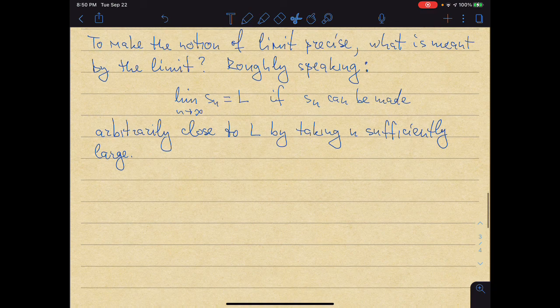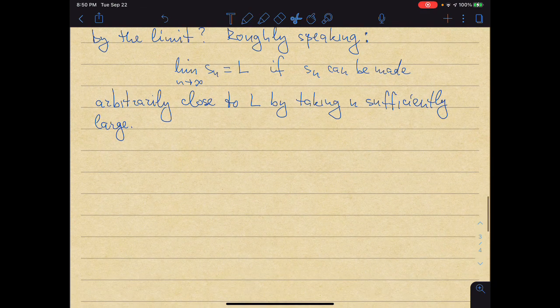Well, let's try to translate these different notions to a mathematical language, and then we'll be able to reconstruct this definition in a precise way. So I want to translate this statement to a mathematical language.